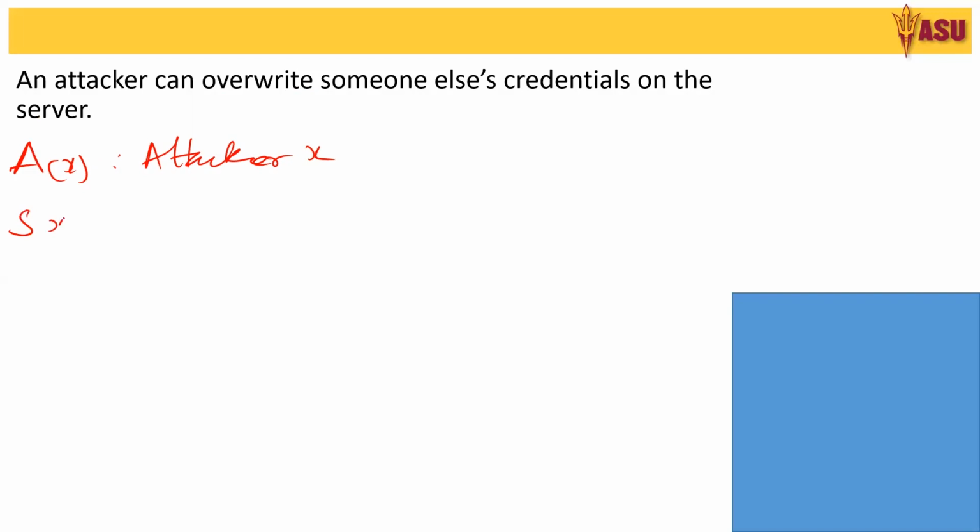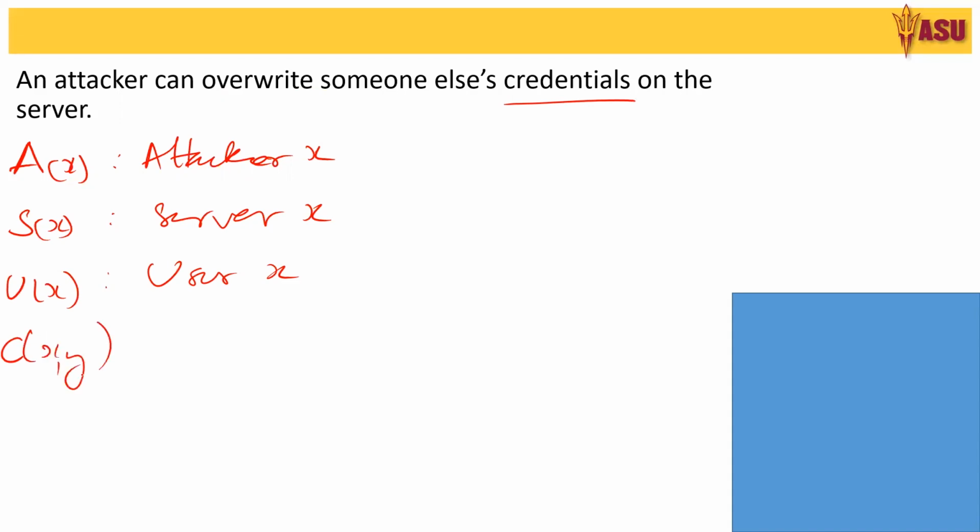Server X. Then we are also talking about overriding someone else's, so there is someone else. Let's call that user X. And we are talking about the credentials of the user, so let's call C of X comma Y as Y is credentials of X.